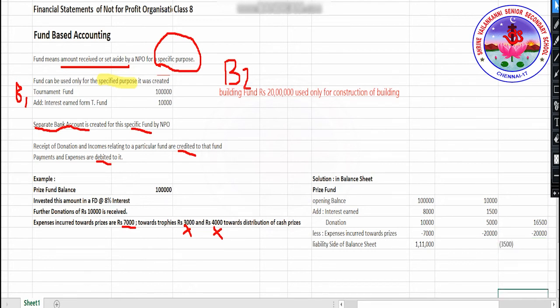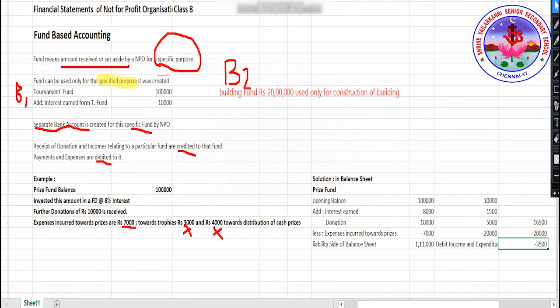Now, where should I show this? I have to show it on the debit side of the income and expenditure account, because this is an expense, and the expense is more. 20,000 is more than the balance itself, right?